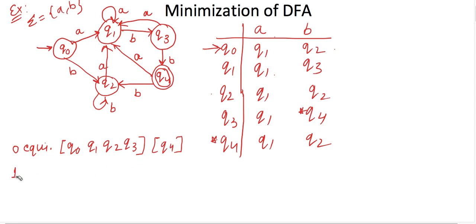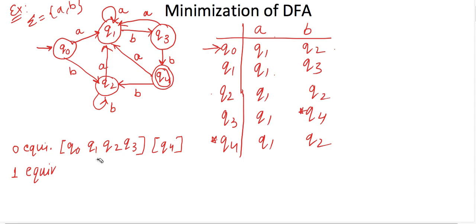Now you have to find one equivalent. For one equivalent, you check the transition table for Q0 and Q1, whether they fall in the same group on scanning a single-length string.